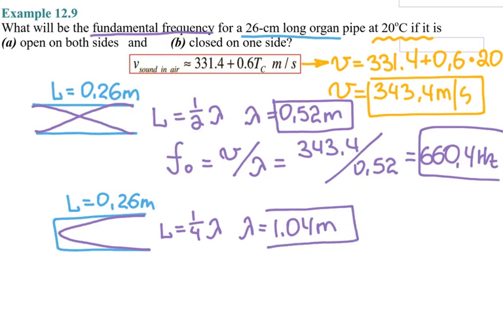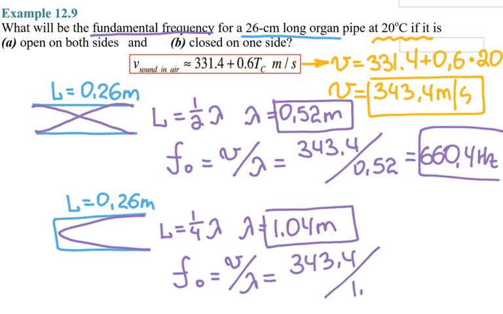Now that I know the wavelength and I know the speed of sound in these conditions, I can find the fundamental frequency for a one-side closed pipe. I have again velocity over the wavelength. Velocity is 343.4 and the wavelength is 1.04, and that will give me 330.2 hertz.